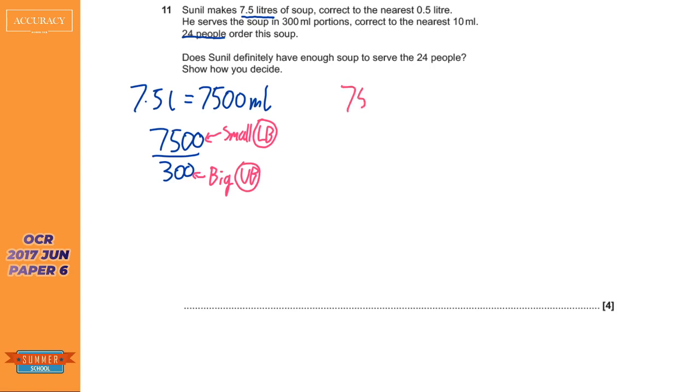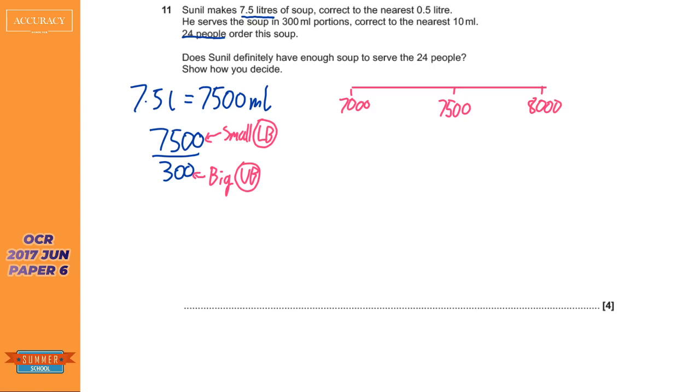So we've got 7,500, in fact I might do the number line because that's how I'm doing these. So we've got 7,500, and it's to the nearest half a litre. Now half a litre is 500 millilitres, so the next one down would be 7,000, and the next one up would be 8,000.